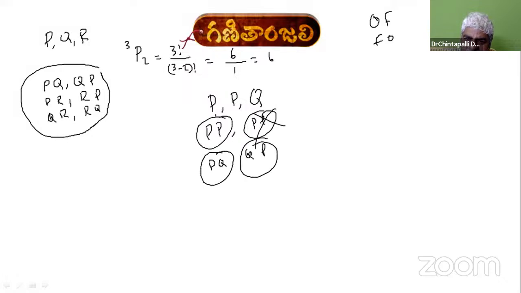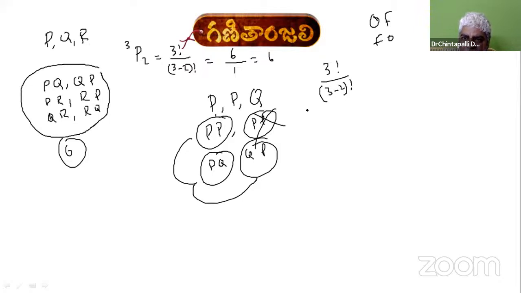Only 3. In the earlier case, 6 words were there, but here only 3, because the actual answer is 3 factorial by 3 minus 2 whole factorial. After doing that, how many repeated letters are there? 2. That's why we should divide by 2 factorial.